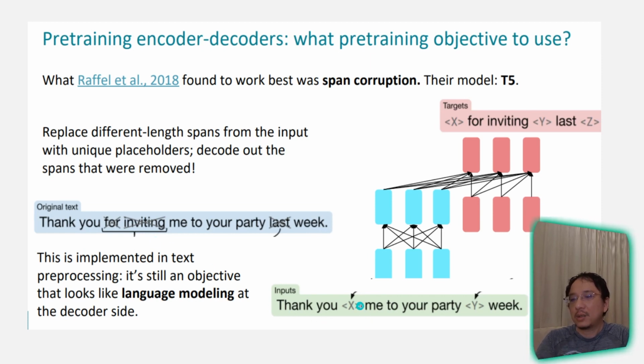So one way is to mask out some parts of the sentence and give each part a special unique placeholder, and then ask the model to decode out the spans that were removed.